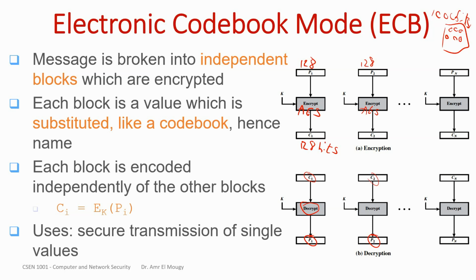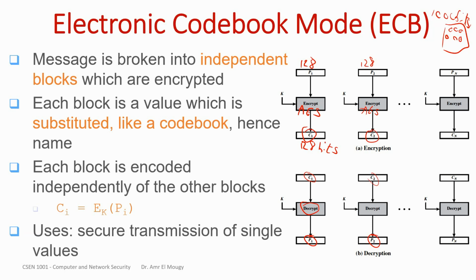What would happen if you pass the same 128 bits of data, meaning that P1 and P2 are identical, to the same encryption algorithm with the exact same key? The result would be that C1 and C2 would be identical. So even though you are encrypting different blocks, because the plain text is identical and the key is the same, the result of the encryption will be the same.